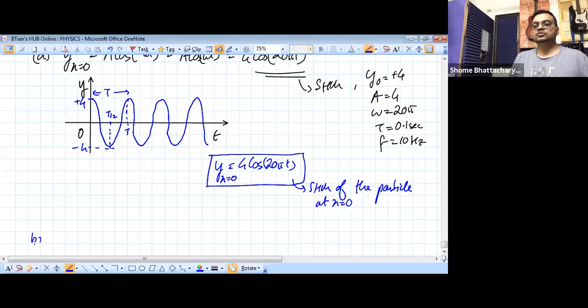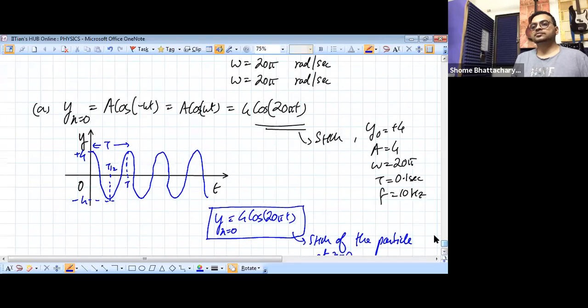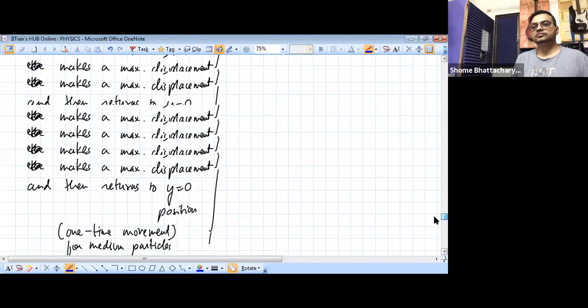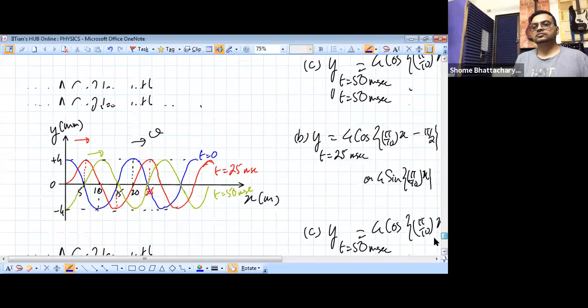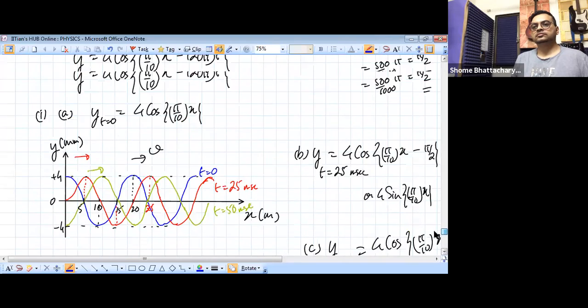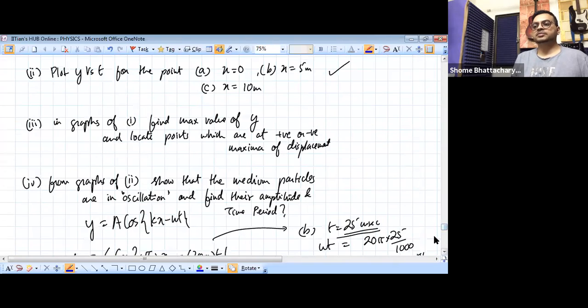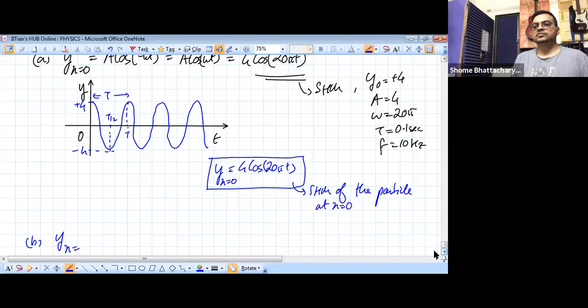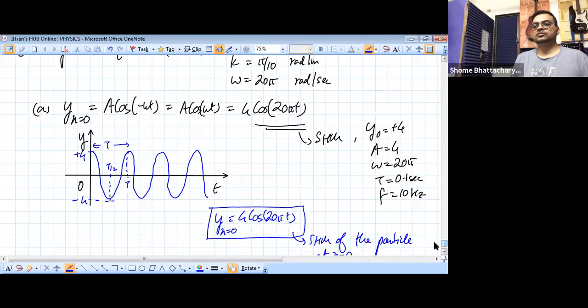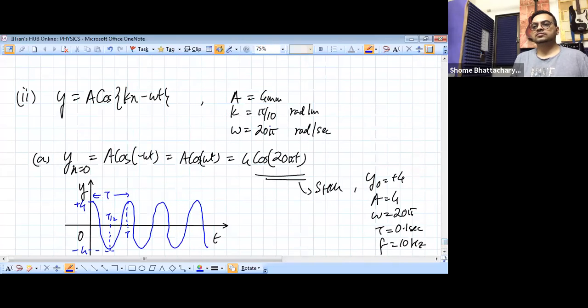Now we compare this to the points x equal to 5 and 10 meters. So if we now plug in the value 5 meters over here, this kx term will become pi by 2.